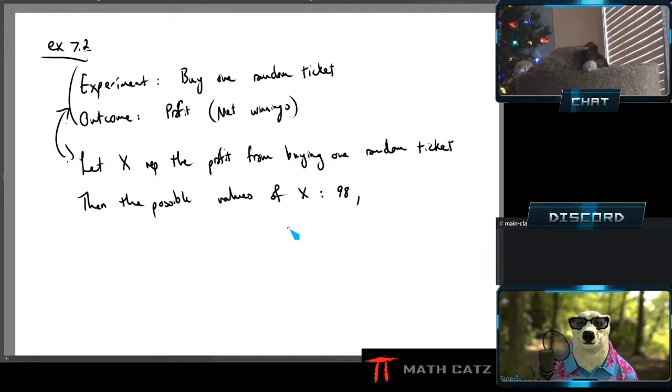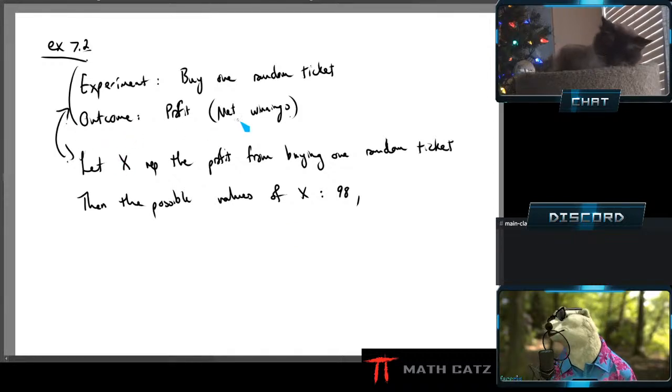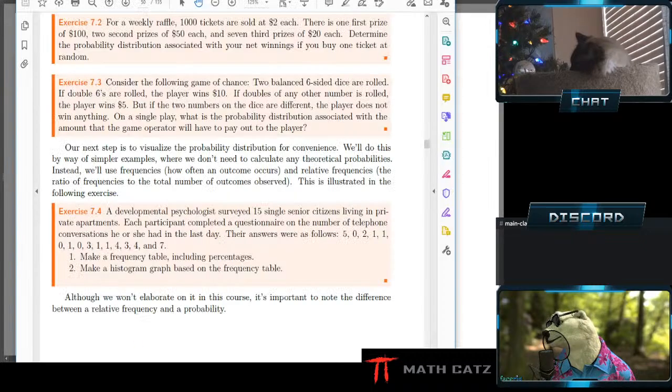Many times people want to write 100, and it's because we just need to take the time and understand what an outcome is, in this case, what the random variable represents. It is the profit. So you cannot say 100. That is a different random variable, not the one they want. So it's 98, and that represents winning first prize.